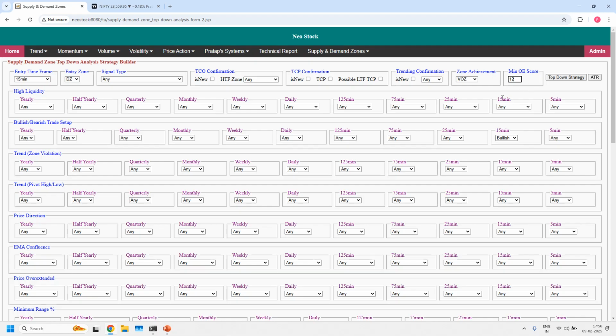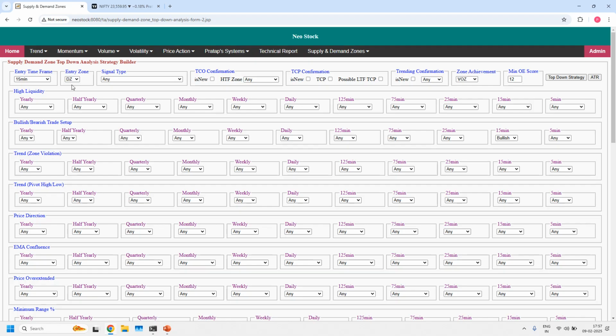So this filter will be applied on the 15 minutes demand zone. So a total of 3 filters are applied on the 15 minutes demand zone. First filter, zone achievement, violated opposing zone. Second filter, minimum odd enhance score should be 12. Then where is the third filter? The third filter is that this 15 minutes demand zone should not be a pierced demand zone.